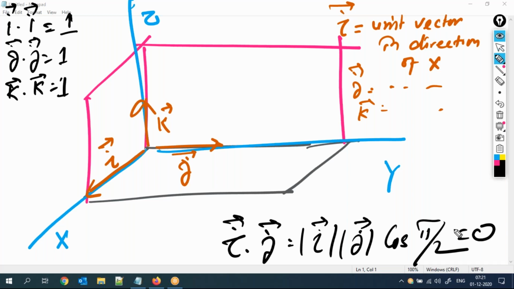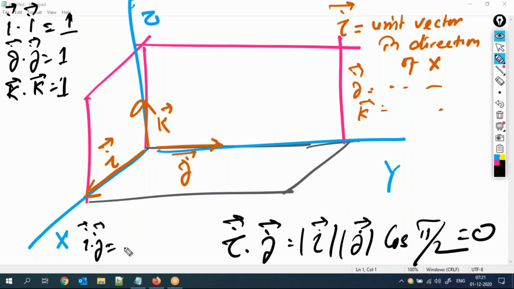So i dot j equals what? 0. i dot k equals what? 0.